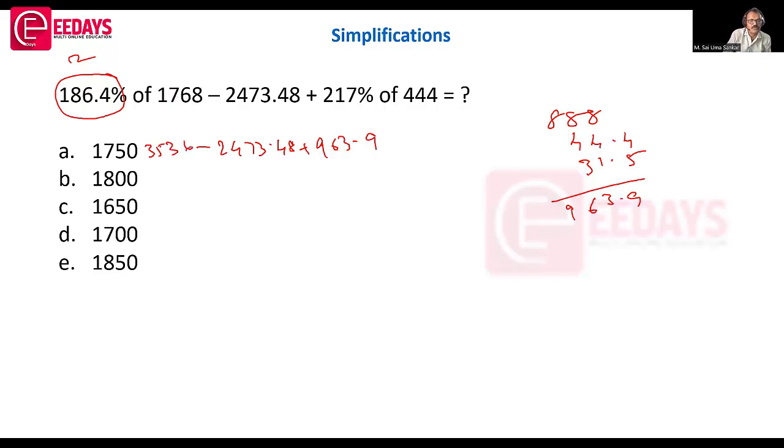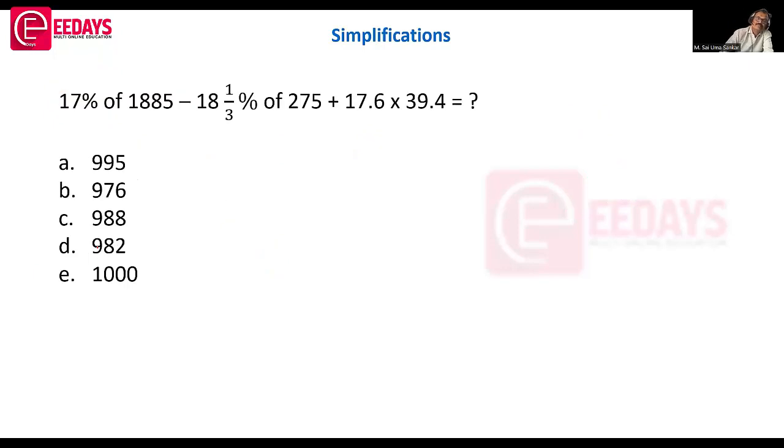Okay, this is equal to 35, 44, 24, approximately 2000. So what is the nearest value? 1850 is the nearest value. When odd numbers like these come, do the calculations from the last and then do them.